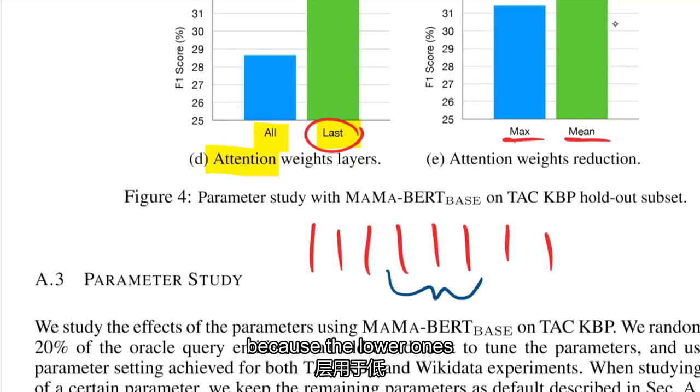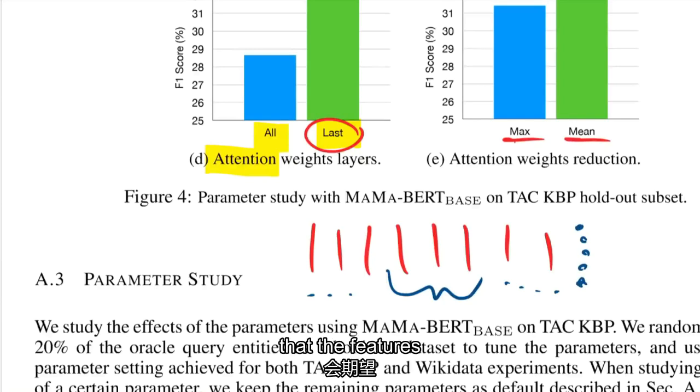Because the lower ones, yes, they are for low-level features, but the upper ones are again for low-level features, because the task at the end is to predict an individual word or token, right?